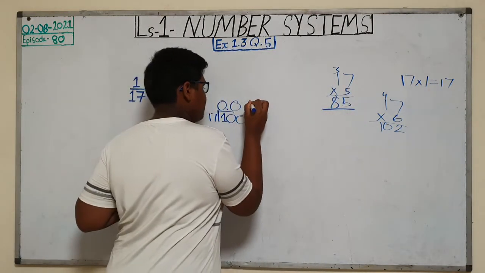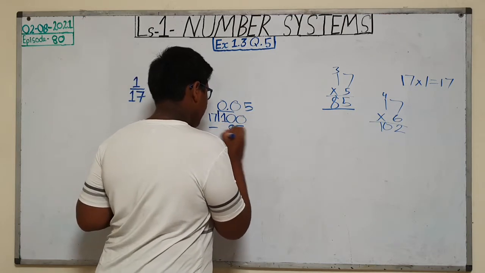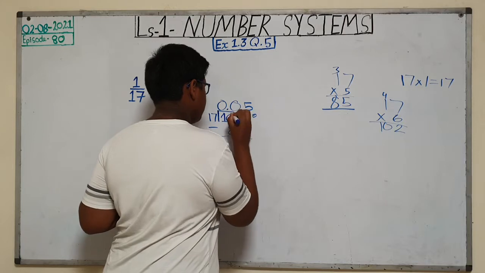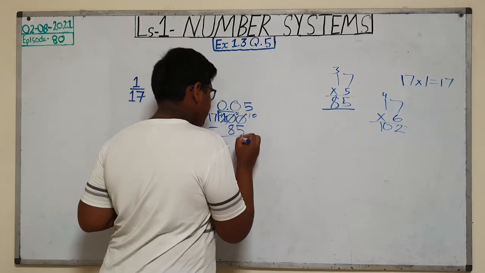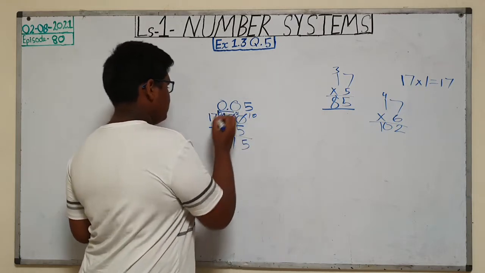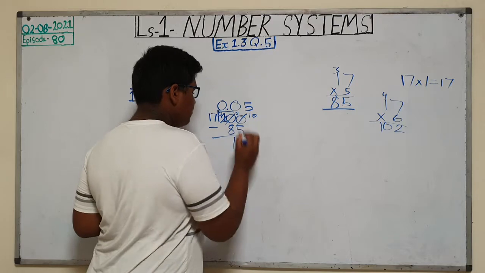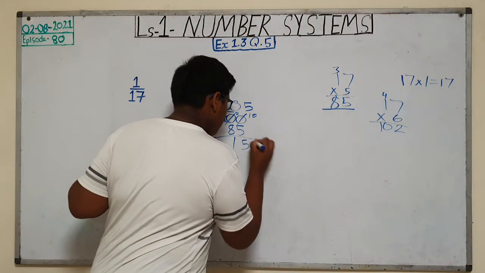Now let's take 5 and subtract 85 from 100. Borrowing, this will be 9, this will be 0. So 10 minus 5 is 5, 9 minus 8 is 1, and 0 is 0 as it is. Now we have 15, so we will take one more 0: 150.